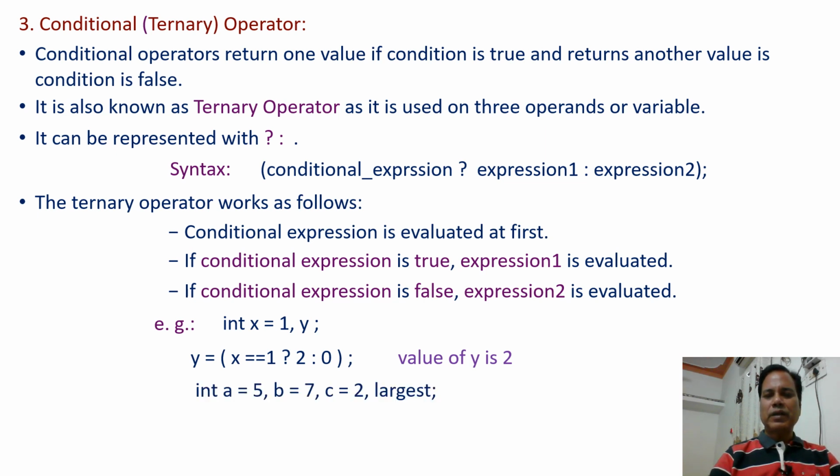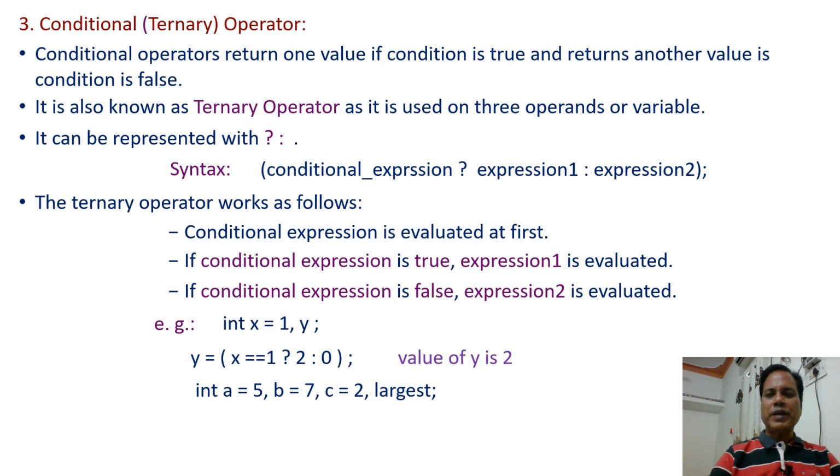Now int a = 5, b = 7, c = 2, largest. Using this statement, we are declaring the four variables a, b, c and largest. Simultaneously, the value of a is set as 5, b is assigned a value of 7 and c is assigned the value of 2.